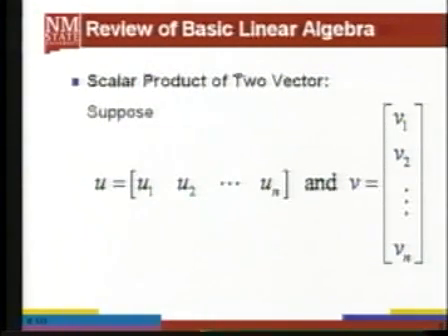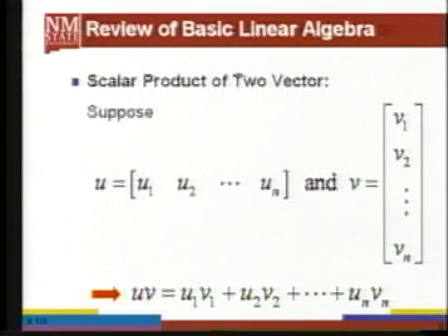Next is the scalar product of 2 vectors. To define the scalar product of 2 vectors, let's suppose we have a row vector u and a column vector v of the same dimension. Then the scalar product of u and v can be defined by this.